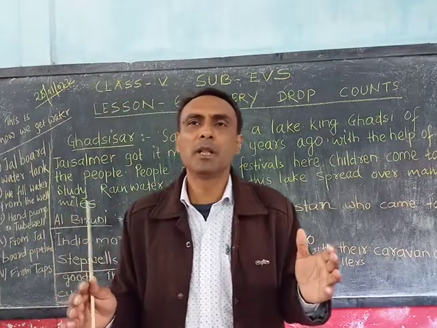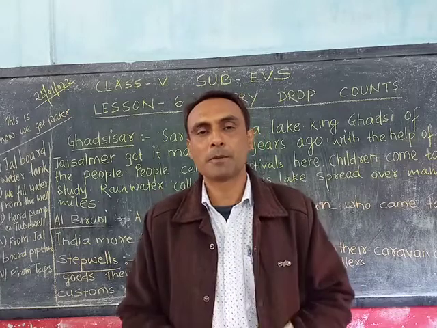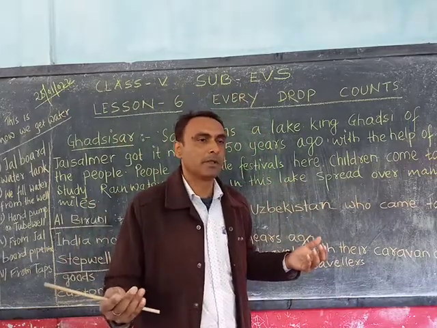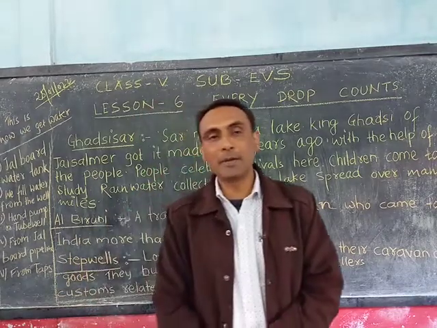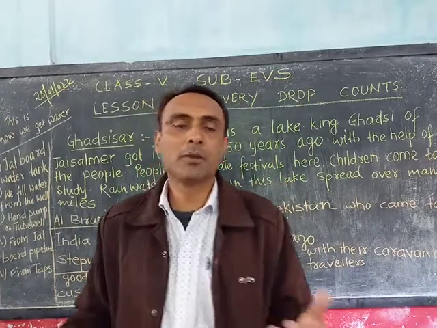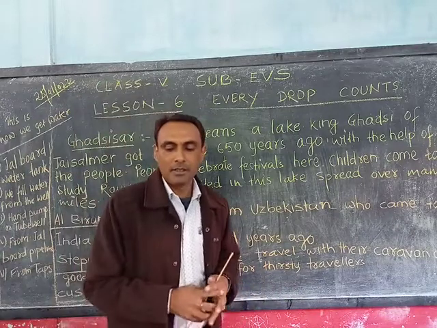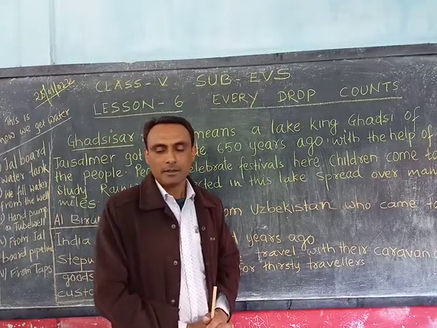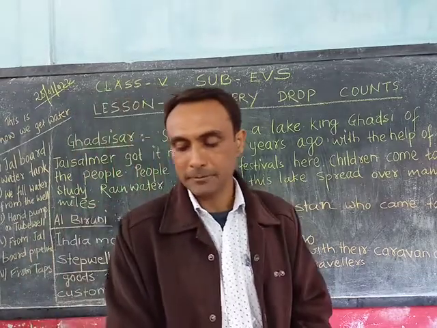How did people preserve water for future use? Nowadays technology has developed. We have different modes of preservation. But at that time technology was not so developed and there were limited modes of preservation. Among them one was the lake.